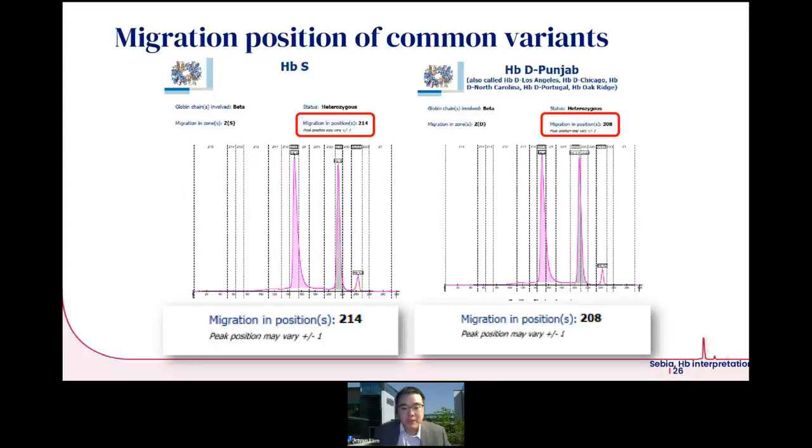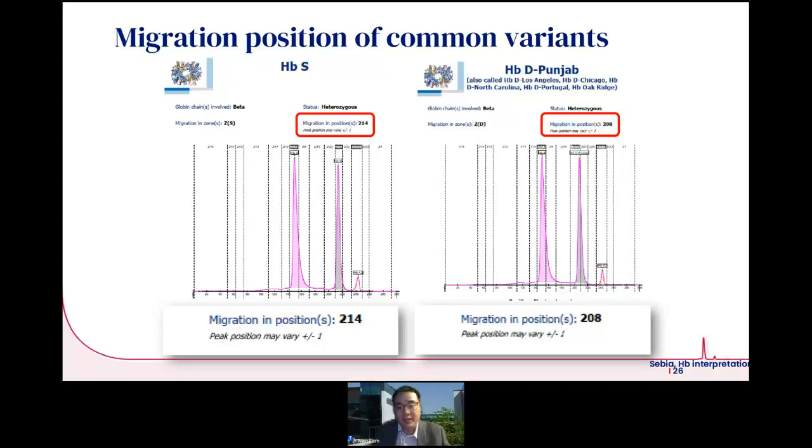Some examples: hemoglobin S and hemoglobin D Punjab are present very closely, but of course they present themselves in different zones in the fluorescence software. If you place your cursor at the top of the peak, they give you a specifically different position.